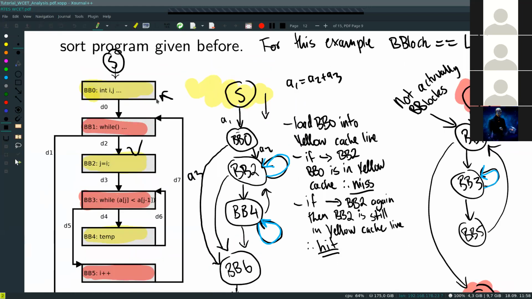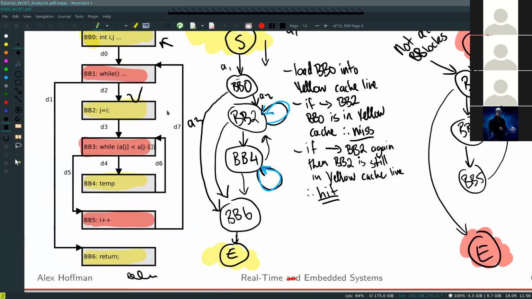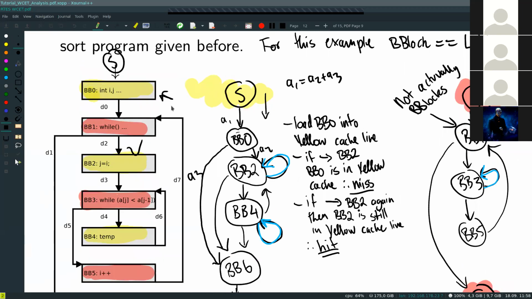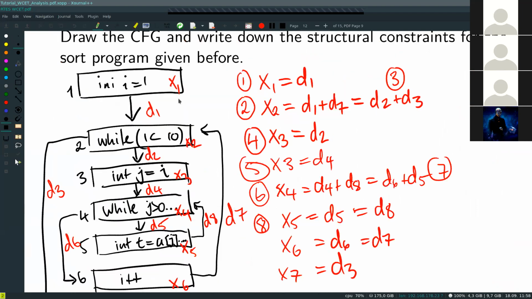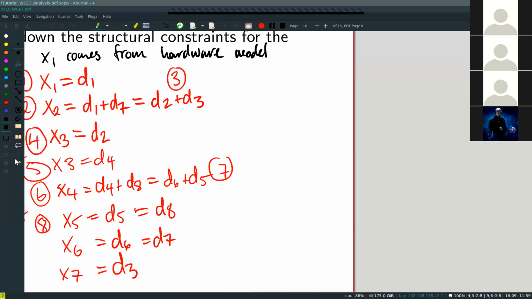Because we can know, for instance, we model our hardware and the hardware model can tell us X1. This is telling us X1, where is it?